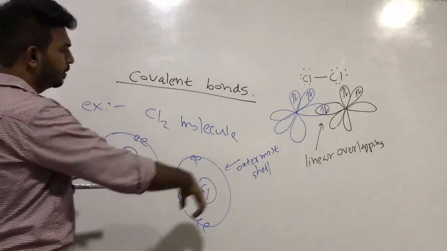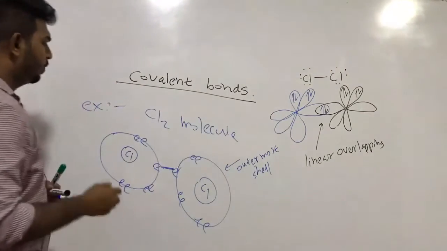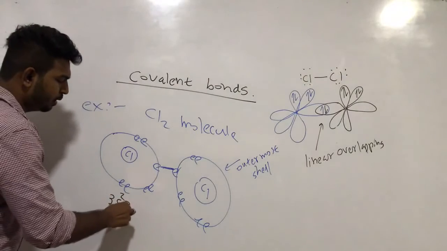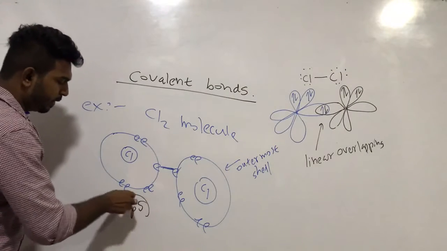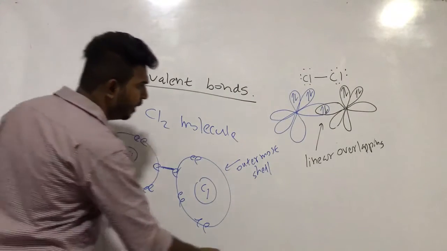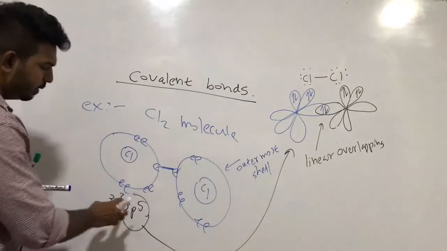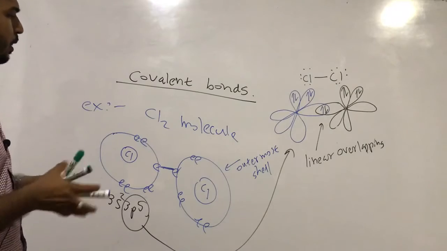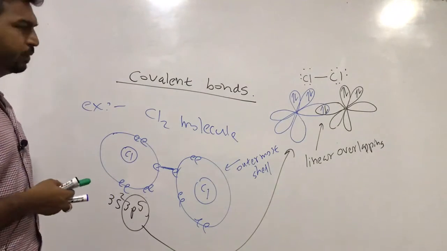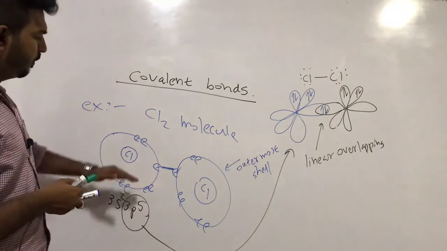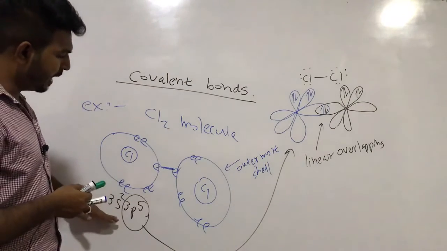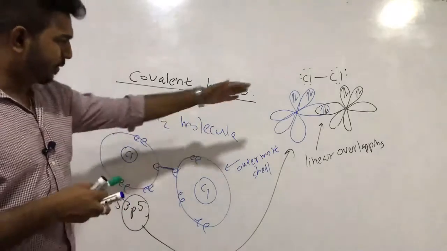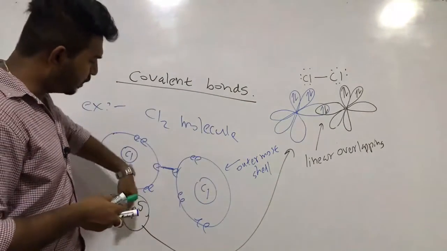Since the last shell contains 3s2, 3p5, these 3p5 electrons are shown here. So please quickly draw this. First draw this one, put an arrow and draw this one. Draw this under this one.